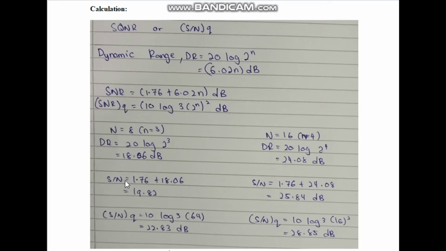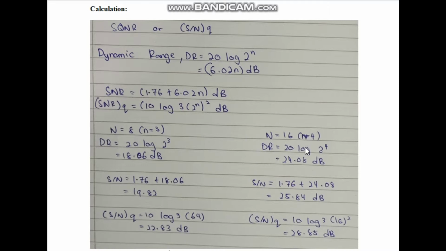SNR is 1.76 plus 18.06, and we get 19.82 dB. For the answer, SQNR is 10 log of 3 times 64, so we get 22.83 dB.